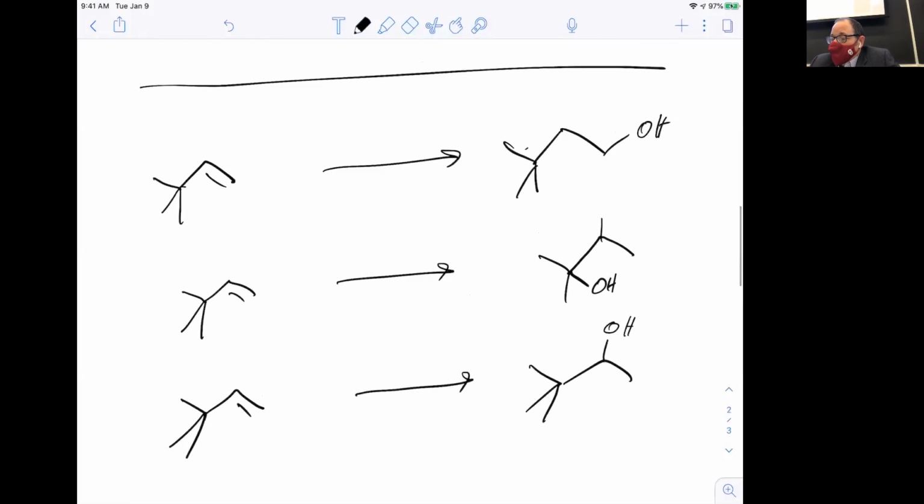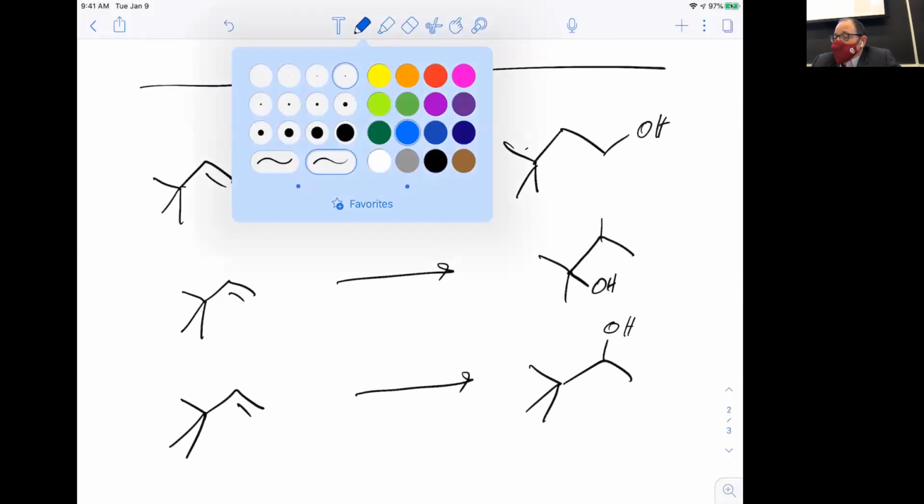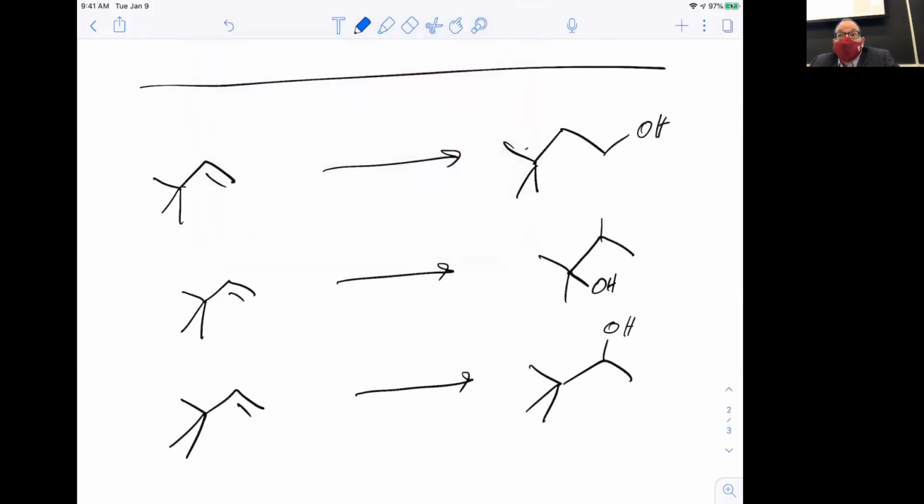So we're starting with the same substrate here. Okay. So before we can pick the reagent, we need to analyze our product.